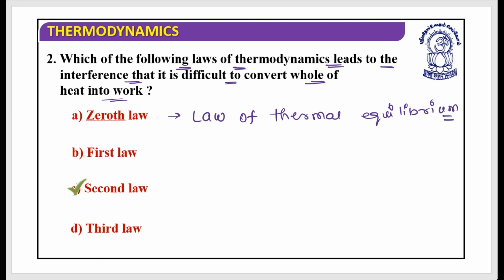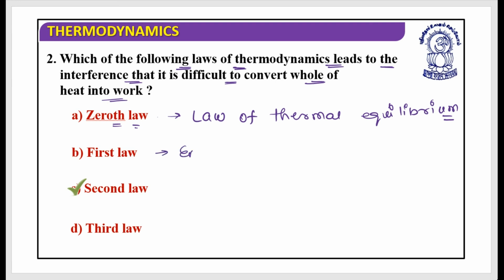Until now we used to think that temperature is a measurement of hotness or coldness of a body. But the zeroth law makes us understand that it also defines thermal equilibrium. That means if temperatures are equal, they are in equilibrium. If temperatures are not equal, they are not in equilibrium.